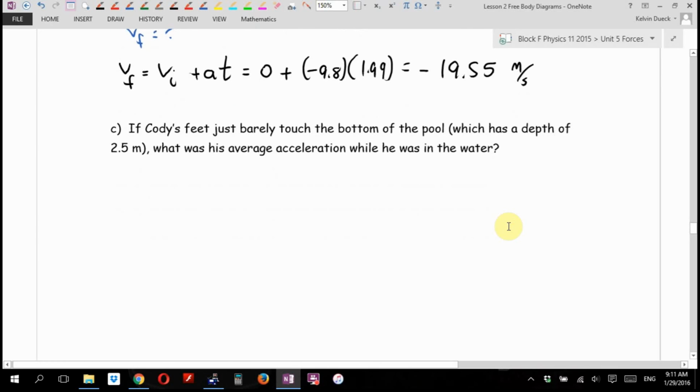Okay. If Cody's feet barely touch the bottom of the pool, which has a depth of 2.5 meters, what was his average acceleration while he was in the water? Okay. Lindsay, what's this question asking me to find? Am I going to go free body diagram, winner minus loser?